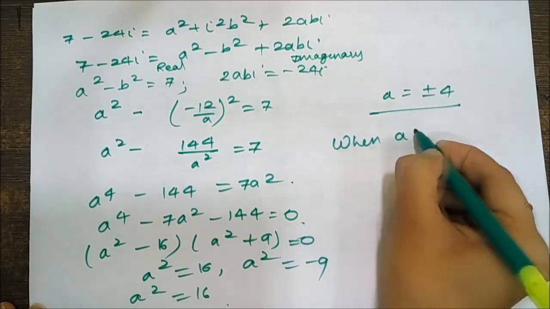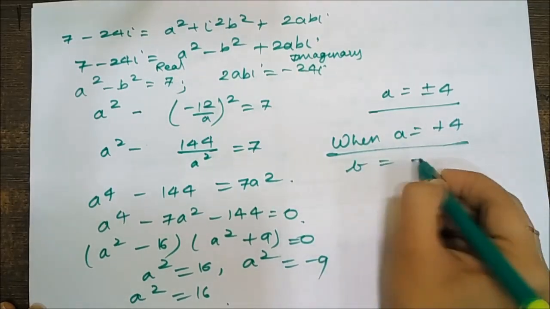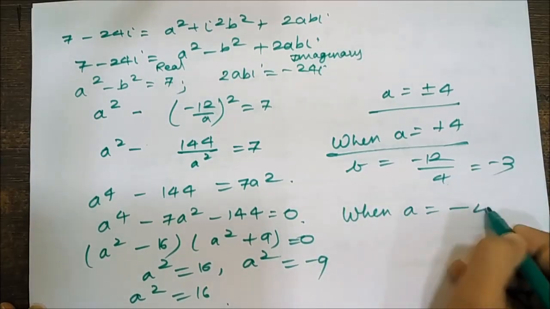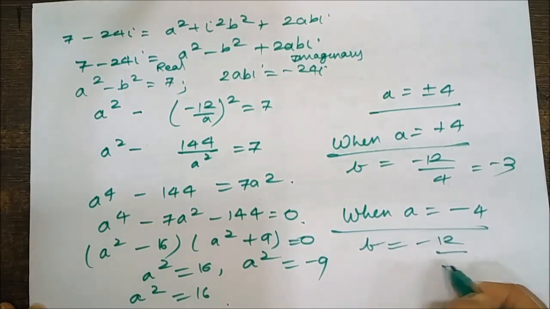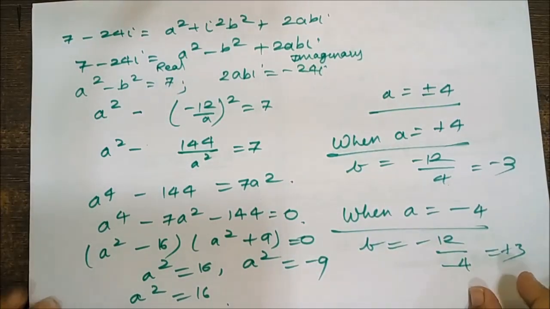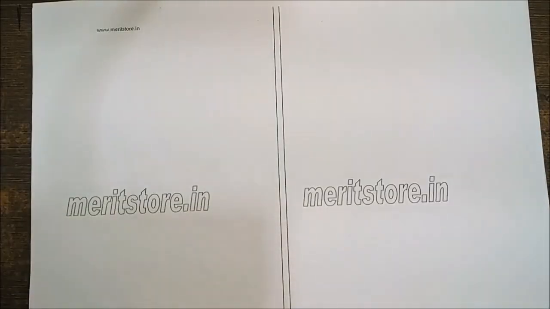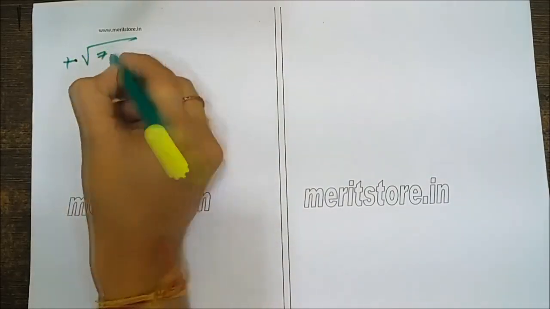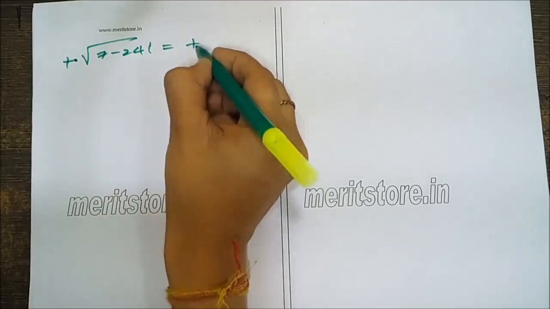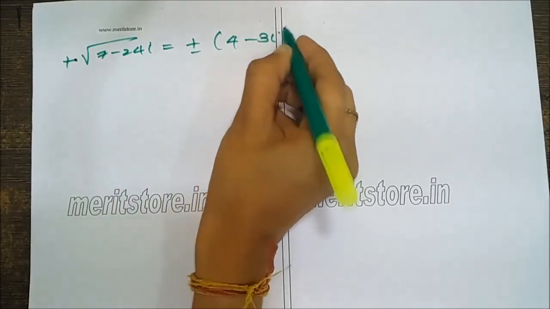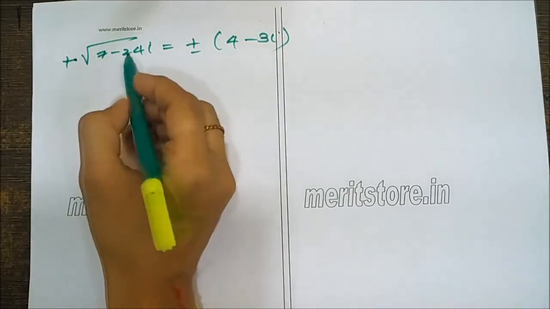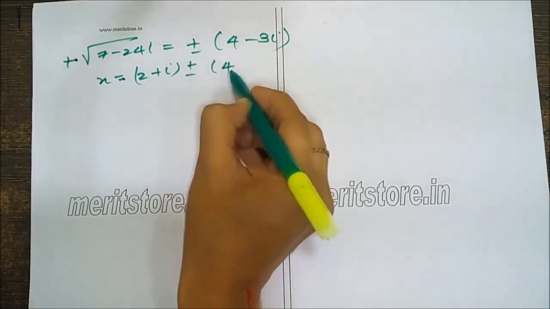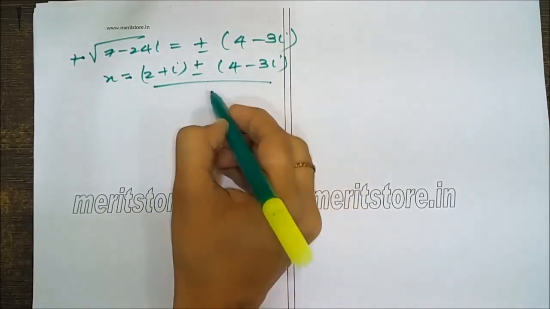When a is positive 4, b is equal to 12 upon 4, that is 3. So our roots are root of 7 plus 24i is equal to plus or minus 4 plus 3i. x is equal to 2 plus i plus minus 4 plus 3i upon 2.